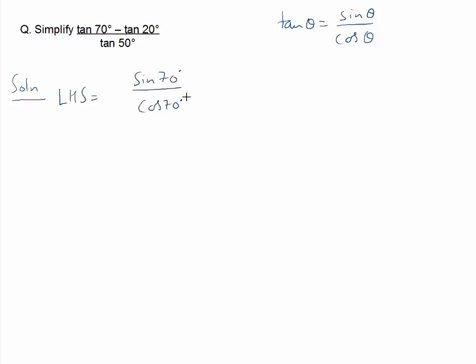So let's say we need to simplify this. What we will do is first write tan as sine by cos. So this will become sine 70 degrees divided by cos 70 degrees minus sine 20 degrees divided by cos 20 degrees, whole divided by sine 50 degrees divided by cos 50 degrees.